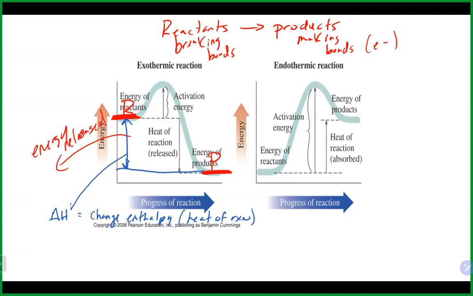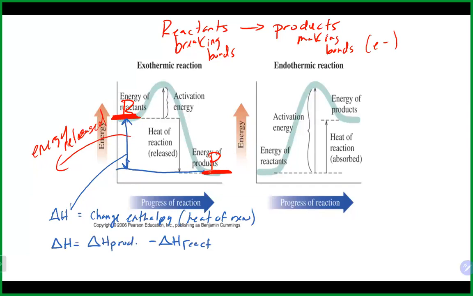And as I mentioned before, and as we will see, one way to calculate the delta H of a reaction is to take the delta H of the products minus the delta H of the reactants, which again is our final minus initial sort of values.